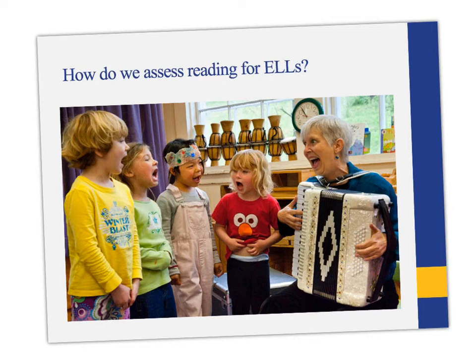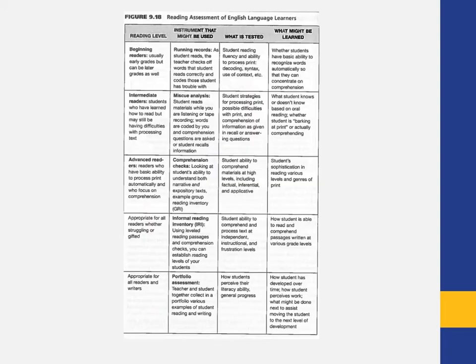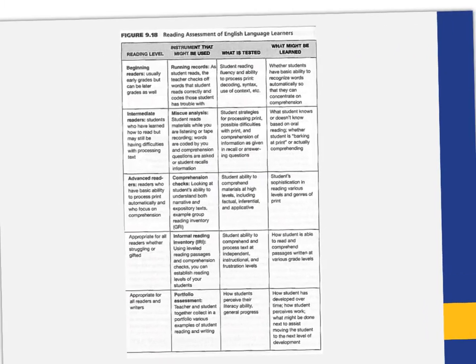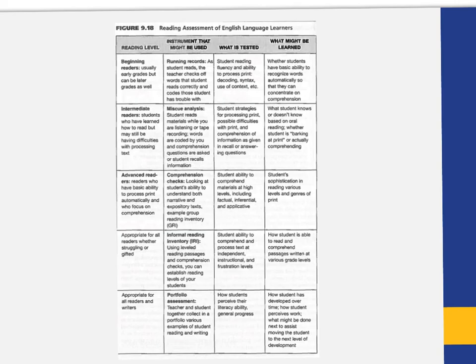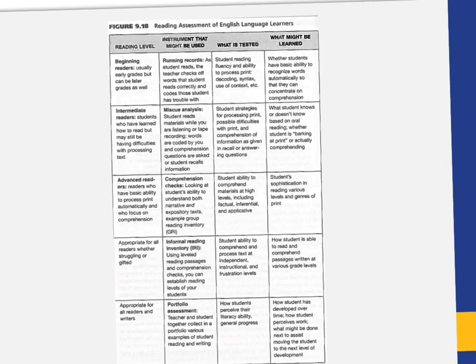You can ask students to read to you and keep a list of the errors that are significant. Have students keep portfolios to mark their own progress. There's a chart in your book on page 388 and a chart on page 390. Here is part of those charts for you to look at.